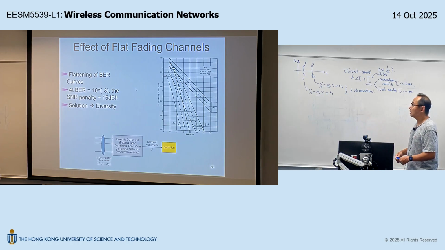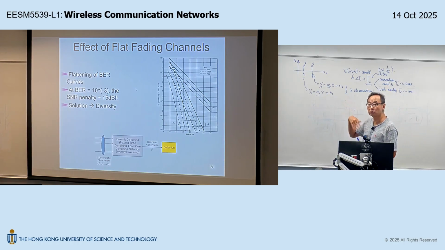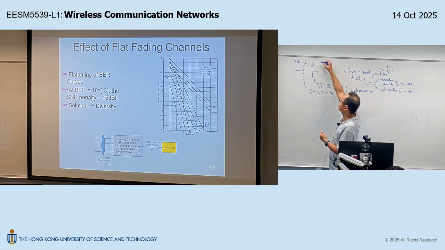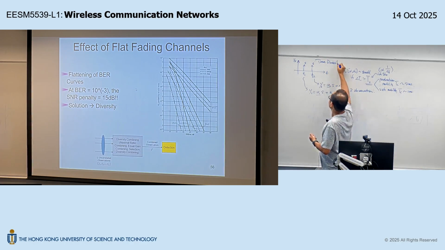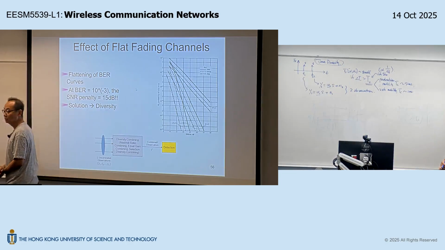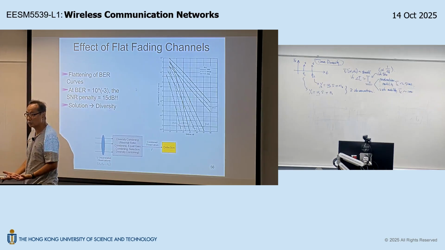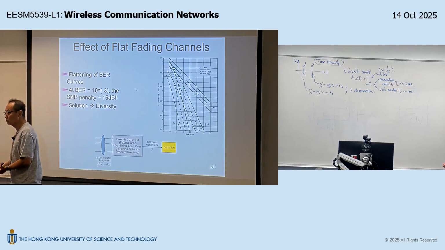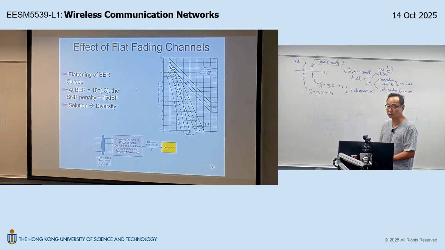So we can name this scheme. These 2 diversity observations are coming from the time dimension, right? So this is called time diversity. Is that okay? We created these 2 diversity observations from the time dimension, so that's why we call this time diversity.